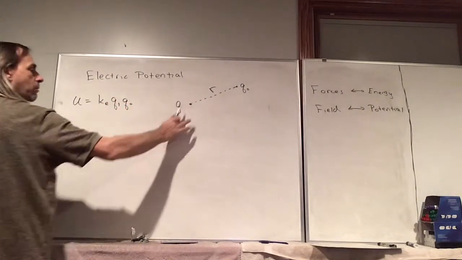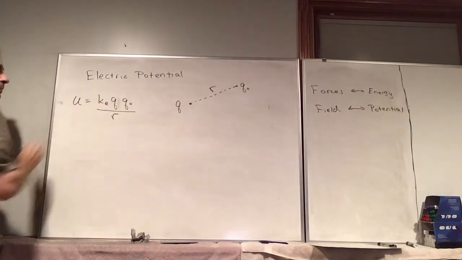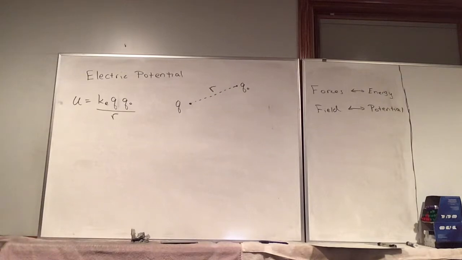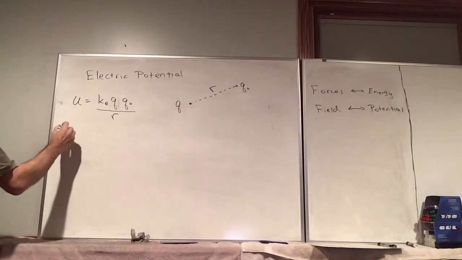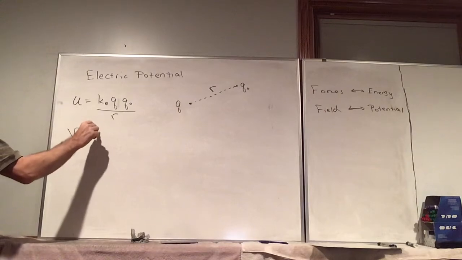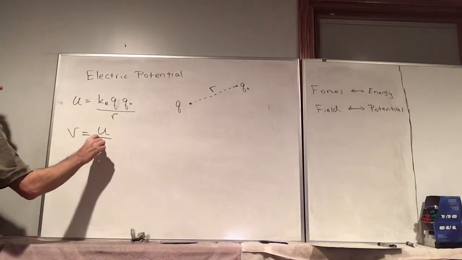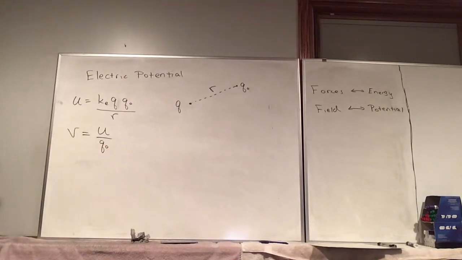Let's just call this Q and Q0. The potential energy of interaction between these two particles is KE Q Q0 over R. And we're going to define the electric potential as the electric potential energy divided by this test charge.